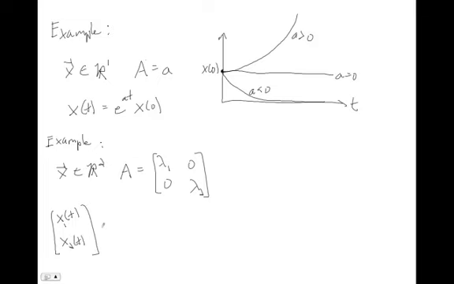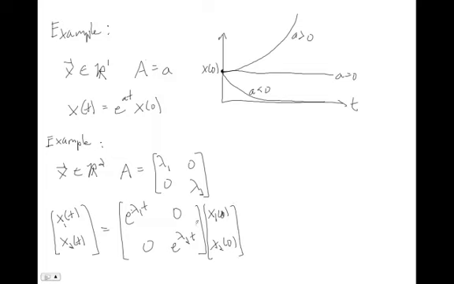I'm just still using the general solution from the previous slides. And this looks like e to the lambda 1t, 0, and e to the lambda 2t, 0, times x1 naught and x2 naught.